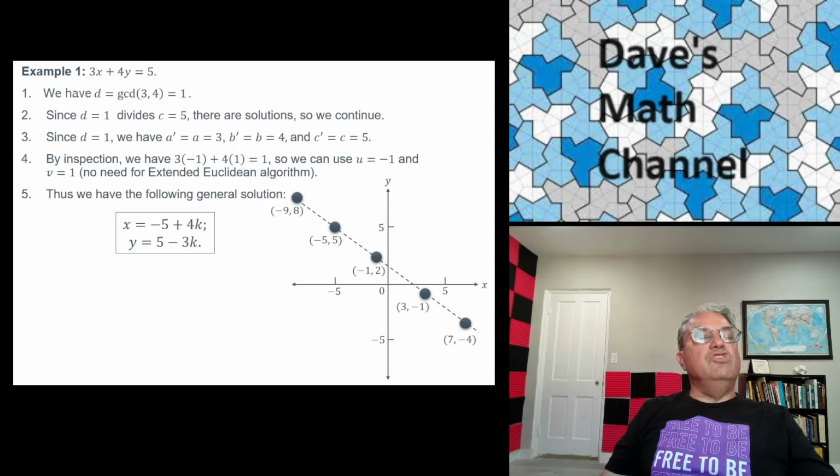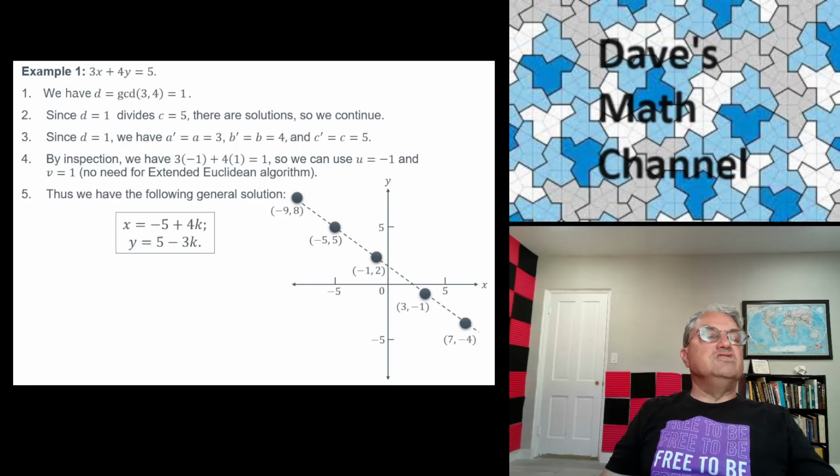And then for step 3, since d is 1, we really don't have to change a prime. A prime is just equal to a because we're dividing by 1. So a prime is 3, like a was. B prime is 4, like b was. And c prime is 5. So we didn't change anything. And then in step 4, we do inspection.